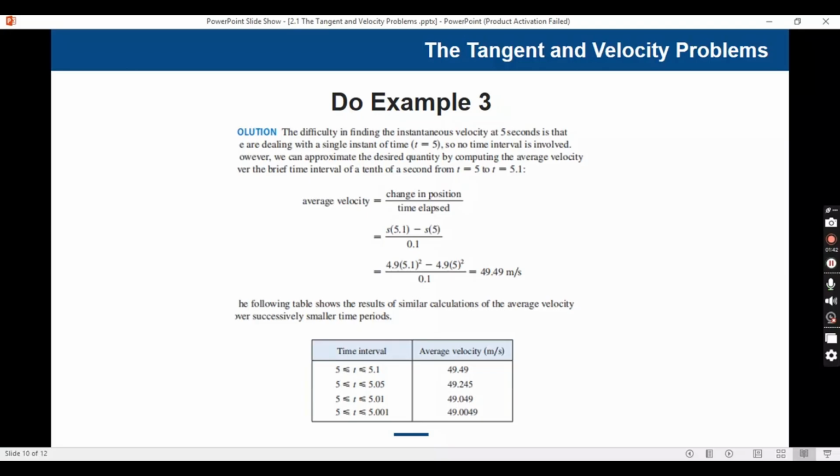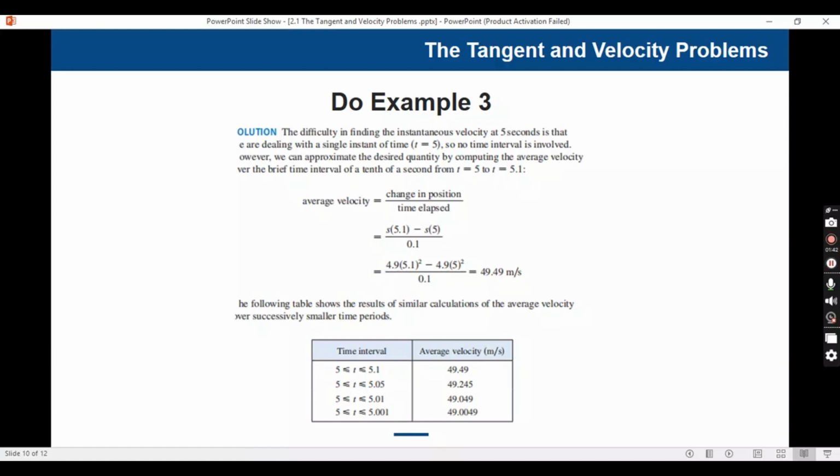Okay, so it said the difficulty in finding the instantaneous velocity at 5 seconds is that they are dealing with a single instant of time, so no time interval is involved.